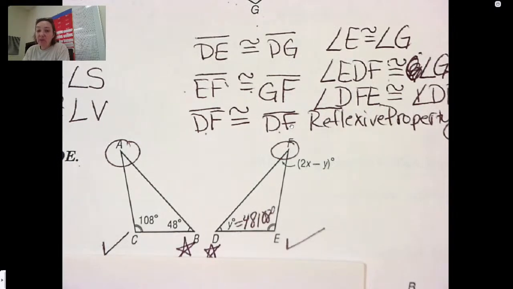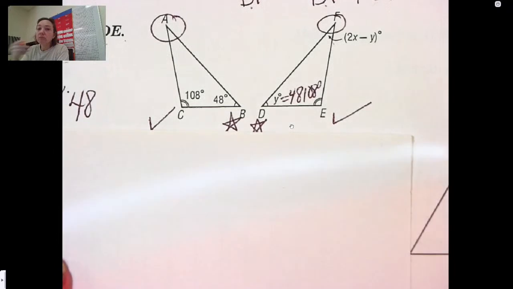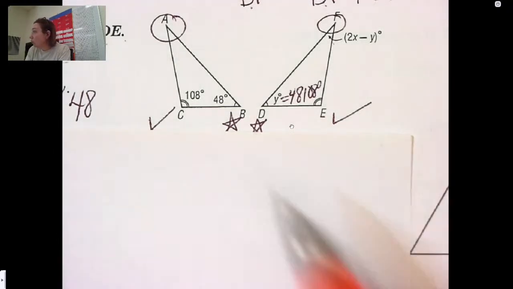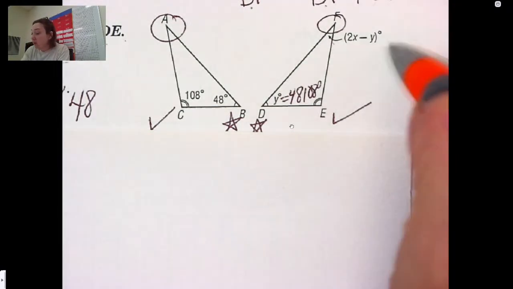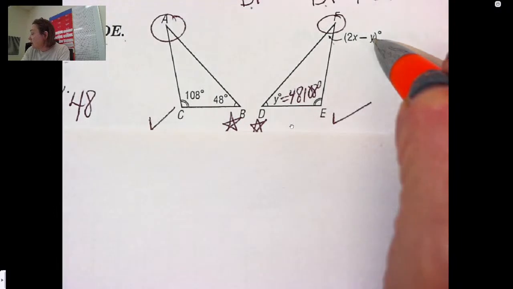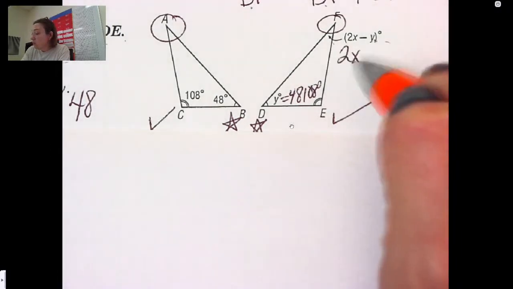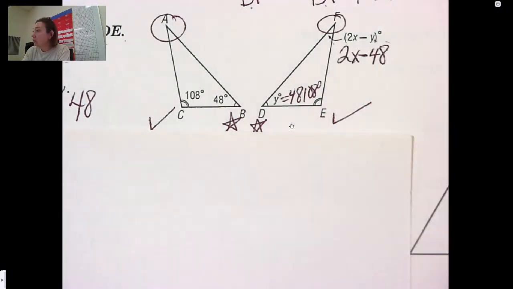Now, I think we may have to do some math to figure out X. Tell me what you know. Okay, we know Y is 48, don't we? So we can put that 48 in where that Y is. So that changes that to 2x minus 48.